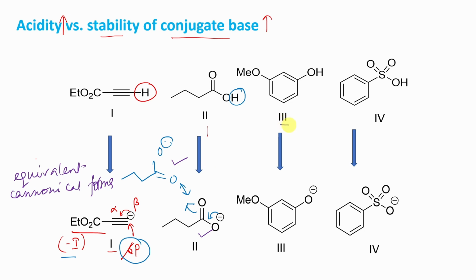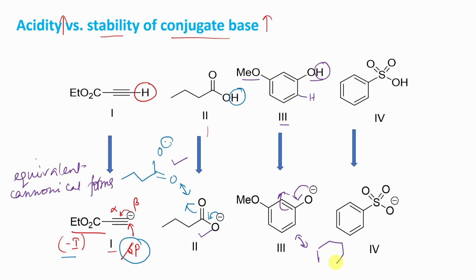Third point here: it is actually a phenol derivative, this methoxyphenol derivative. If you remove this proton, it is more acidic compared to this CH bond, obviously, since it is attached to the more electronegative atom oxygen. So O-, and it has another kind of resonance stabilization, with this benzene ring. I am drawing one canonical form, student.